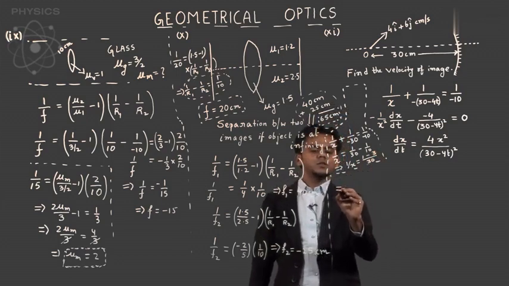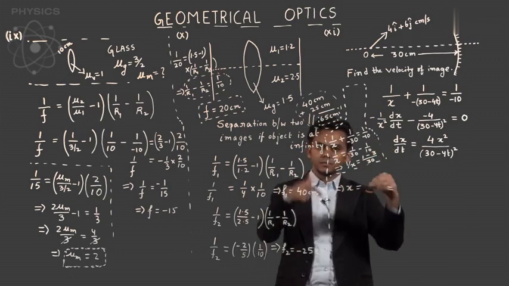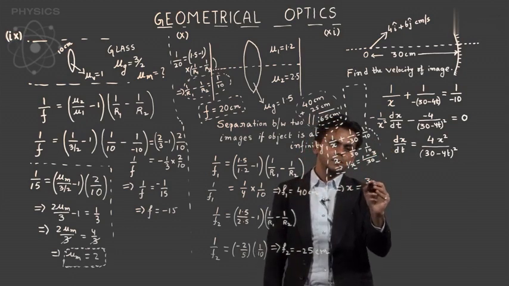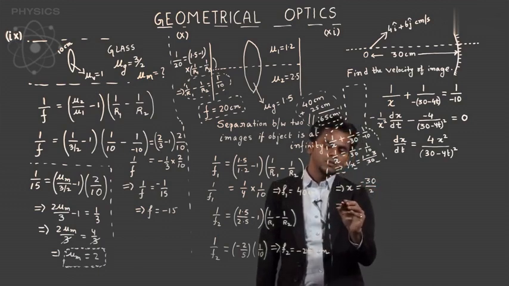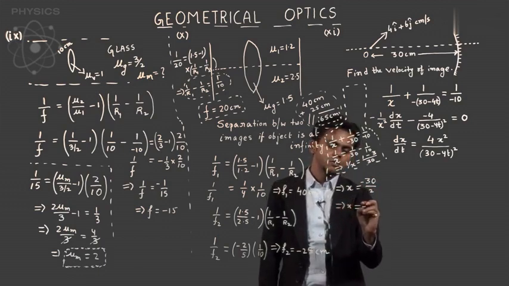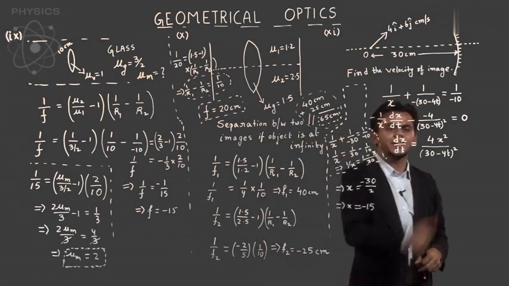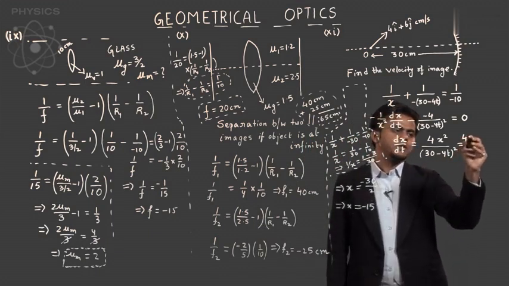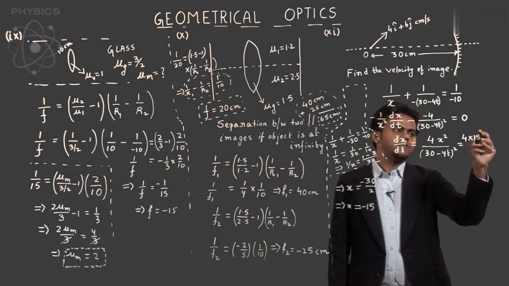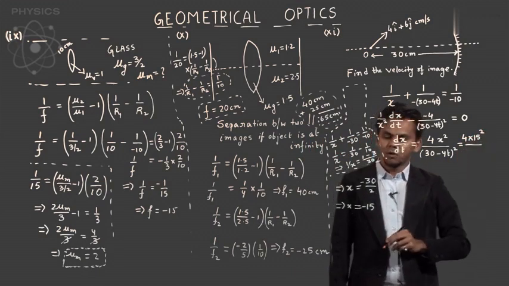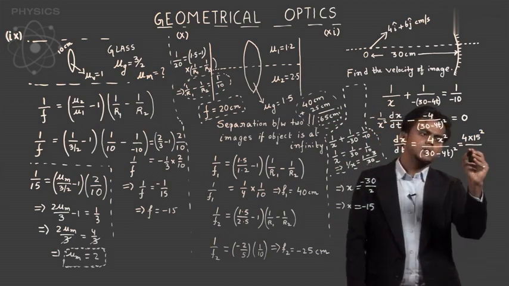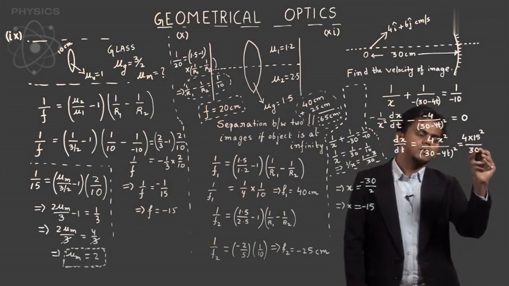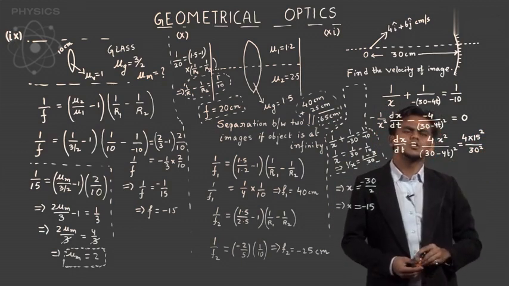So this gives you x as inverted: you'll get 30 by minus 2. So this means x is equal to how much? Minus 15. Plug in here x square. You'll get the value here as 4 times 15 square upon 30 square.